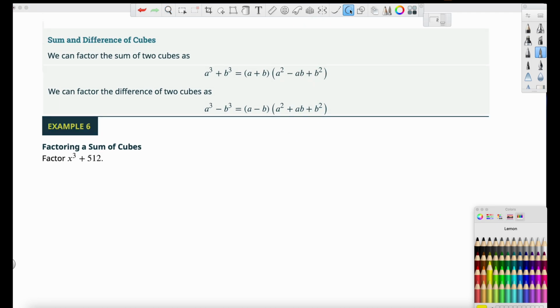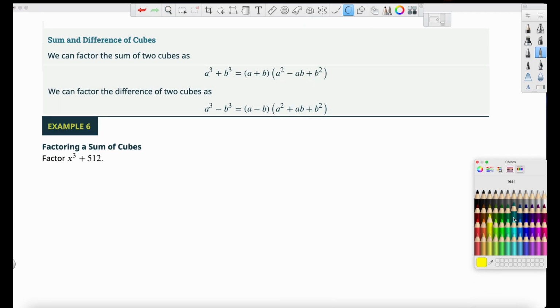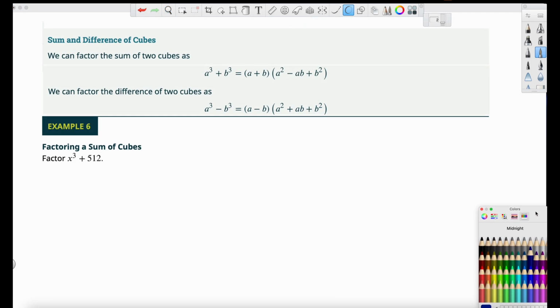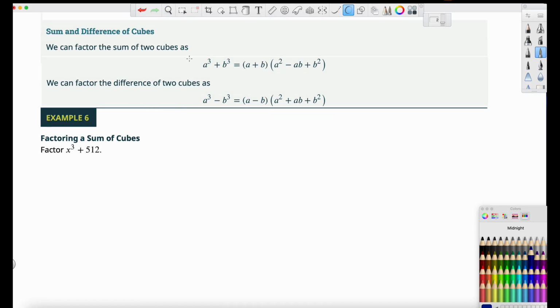Now this might be new to most of you, because I know you've seen the other types of factoring in your previous math classes. Now we're going to find the sum and difference of cubes. Cubes means we're raising something to the third power. So we have two different ones here. We have the sum of two cubes, a cubed plus b cubed, and we have the difference of two cubes, a cubed minus b cubed.